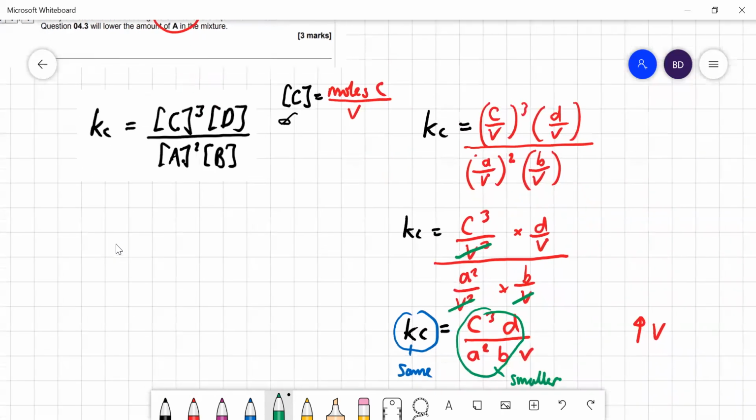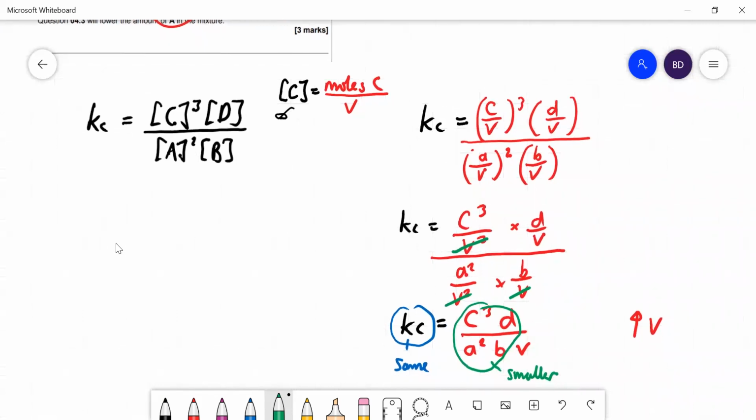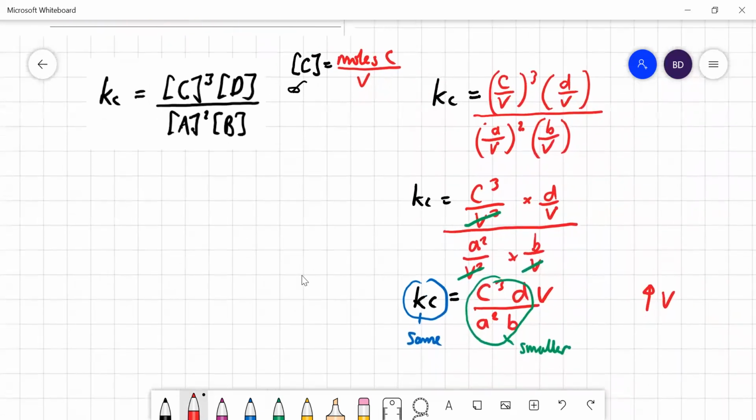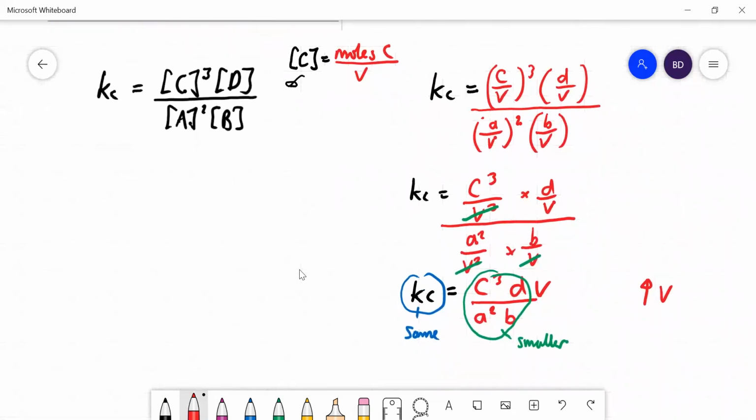Actually, sorry, that V will go on the top. I do beg your pardon. That V is going to go on the top. So if V gets bigger, this fraction has got to get smaller. So that means the amount of A has got to decrease. A must get smaller. So V bigger, A smaller.